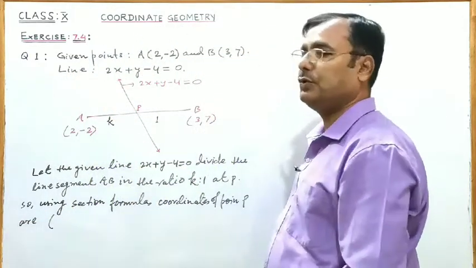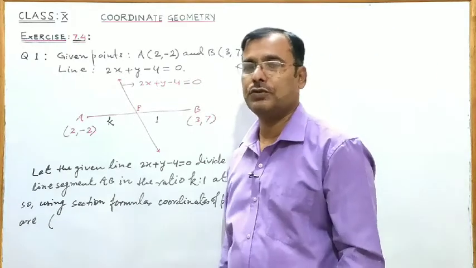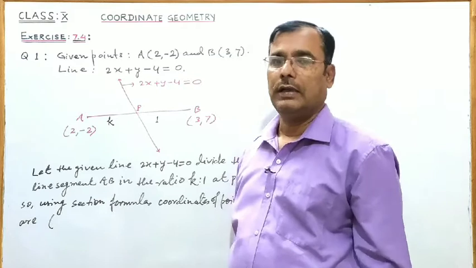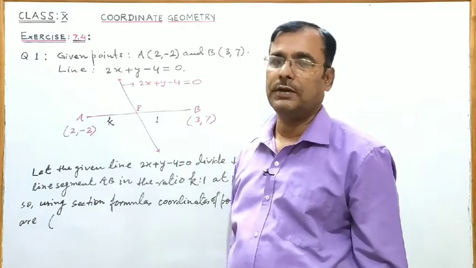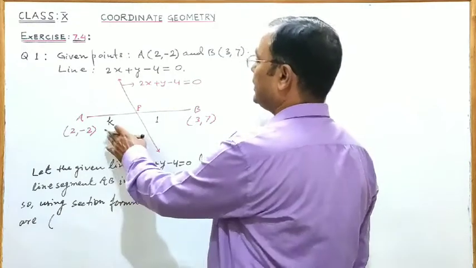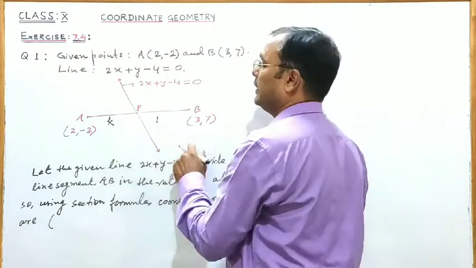now here we are going to use section formula: (m1 x2 plus m2 x1) by (m1 plus m2), (m1 y2 plus m2 y1) by (m1 plus m2). m1 is k, m2 is 1 here.